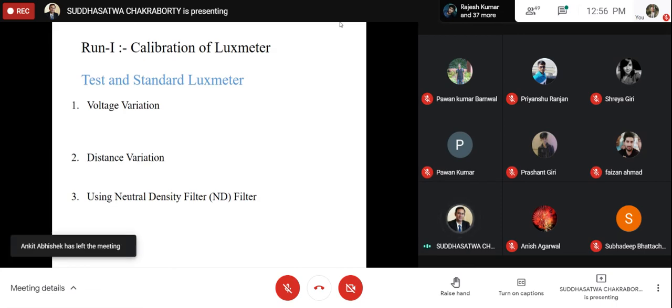Take a hypothetical source which has two peaks in its SPD, one at 600 nanometer, another at 400 nanometer. If we vary the voltage, maybe at 230 volts, 600 nanometer and 400 nanometer both have some values of SPD. Once I change the voltage to 150, the 600 and 400 will vary in a non-linear way.